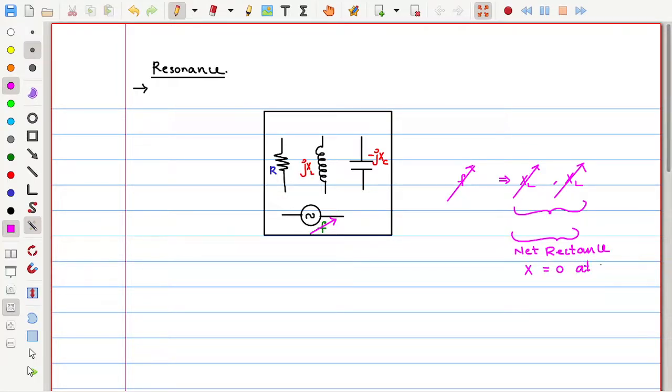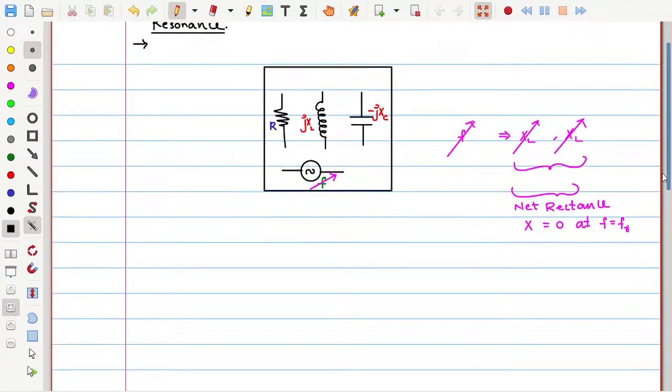That certain frequency I will call Fr. So this Fr is the resonance frequency. That means at resonance frequency, the net circuit reactance will become zero.